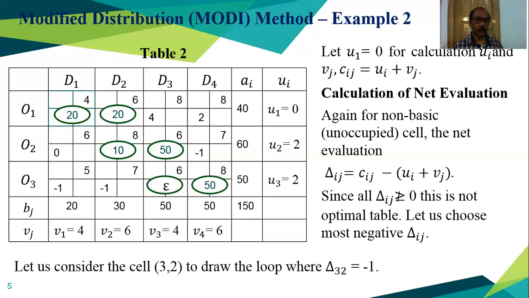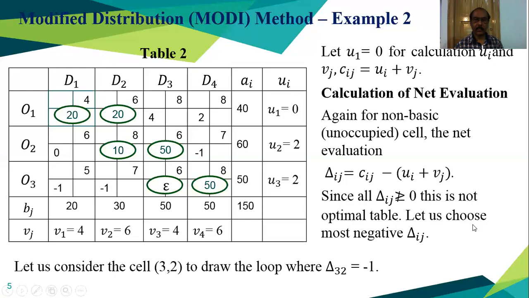Now we start the allocation from this cell. So the loop will be like that. This is where we are starting, that is the unoccupied cell, and other corners should be occupied cells. This is one corner, this is one corner, this is one corner, and this will be with plus. That means we are adding here, subtracting here, adding here, subtracting here.